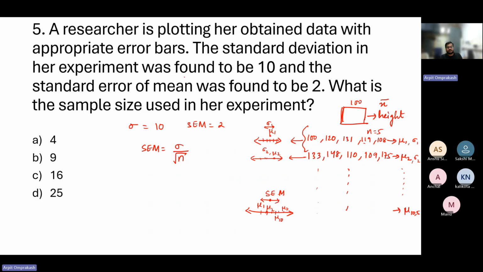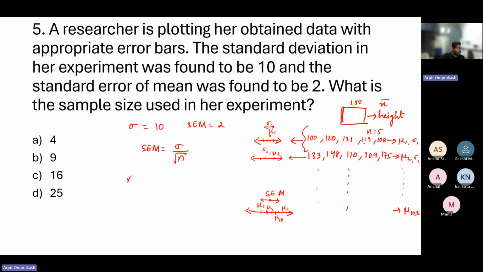Coming back to the question, we are given that the sigma, or the standard deviation, is 10 and the standard error of means is 2. We know that the standard error of means is given as sigma by root over n.